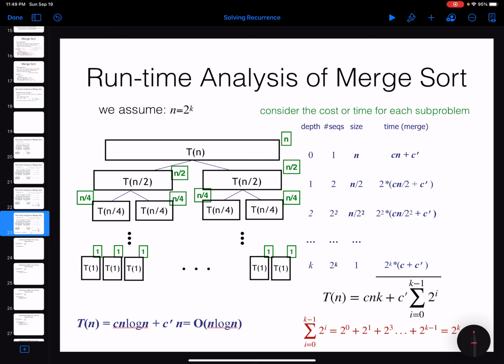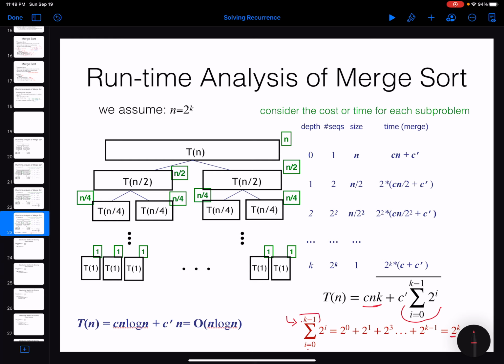Here we have this term, and I have simplified this summation using a formula from discrete math. If you don't remember it, I would recommend you review discrete math. So we know that the summation of all powers of 2 from 0 to k minus 1 is going to be equal to 2 to the power of k.